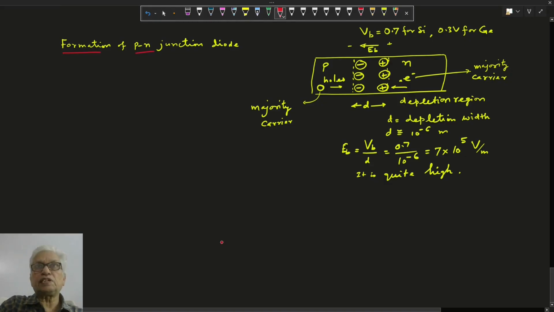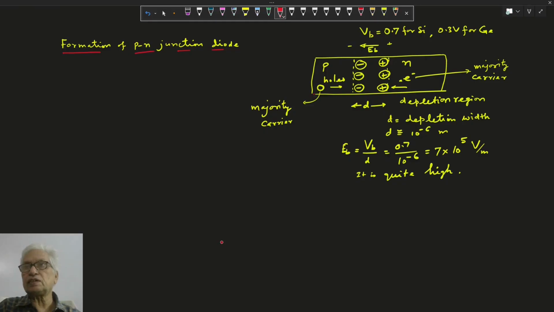Formation of PN junction diode. Here P and N types of semiconductor are joined face to face. Here hole concentration is more in P-type, and in N-type electron concentration is more. Majority carrier is electron in N-type, and holes in P-type. Due to the attraction force, holes and electrons come closer, and in the depletion region they are depleted, meaning neutralized.